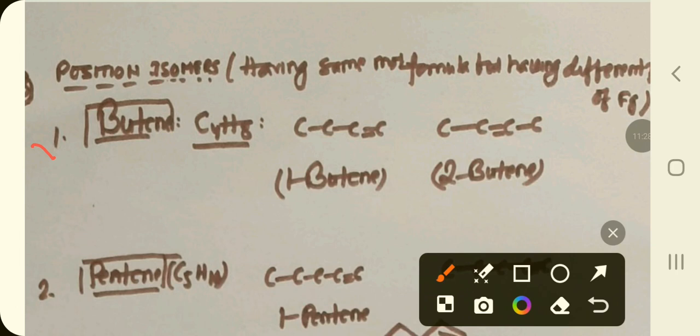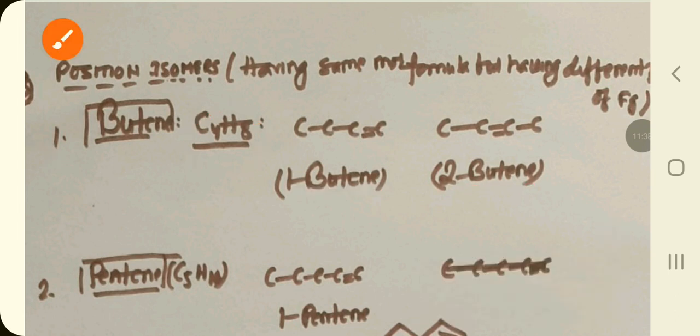So let's start with an example. Butene: it is 1-butene, the double bond at position 1, and it is 2-butene.